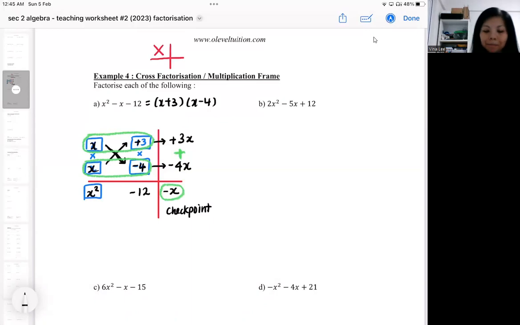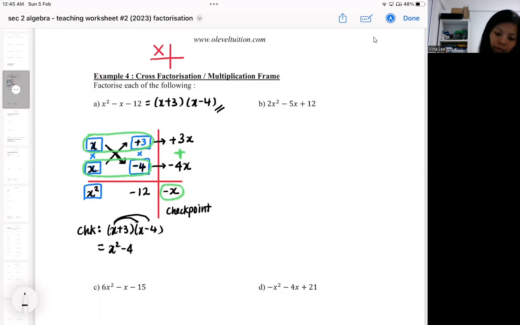So that is the answer. Of course, can you be checking? Yes. By now, your expansion should be quite good. So do your expansion, and you should get back the original expression.